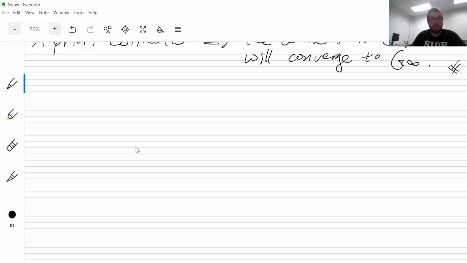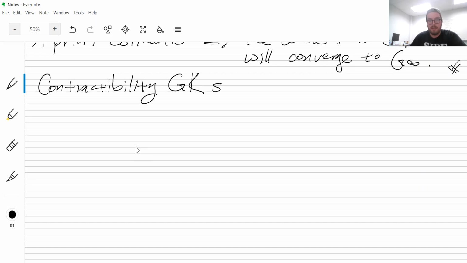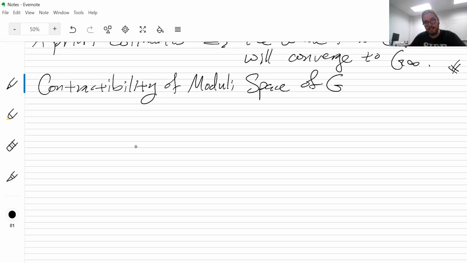It also gives us the contractibility of the moduli space of generalized Kähler structures.